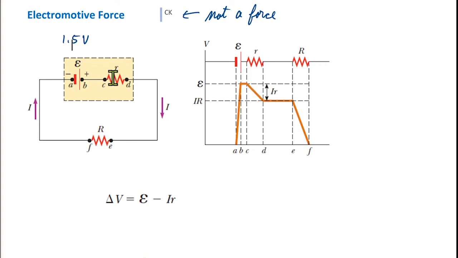But the battery has an internal tiny bit of resistance. It is a very tiny amount, but nothing has zero resistance. So the battery itself has a built-in resistance, and you have to lose a little bit. So this EMF, fancy cursive E for EMF, happens to be slightly higher than 1.5.